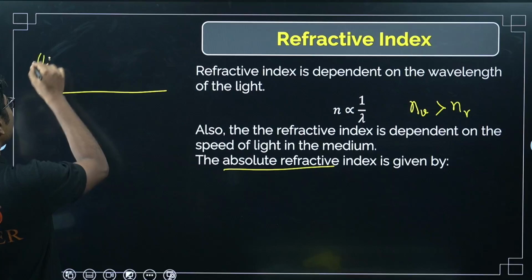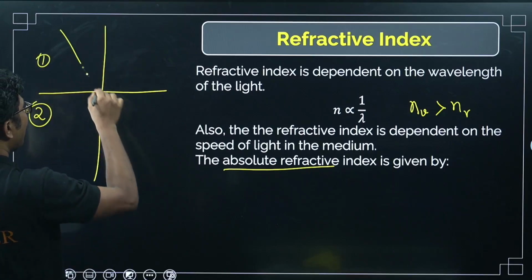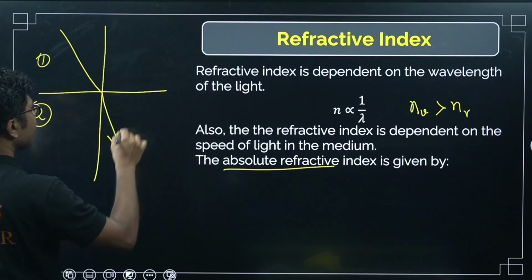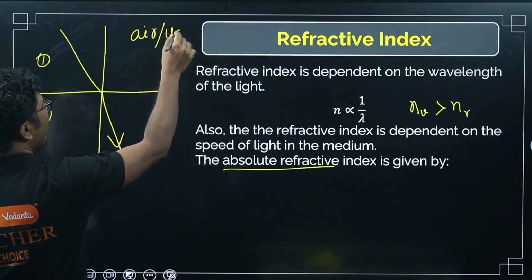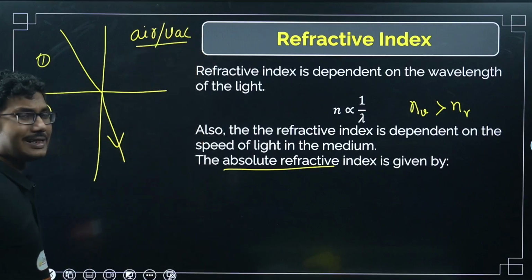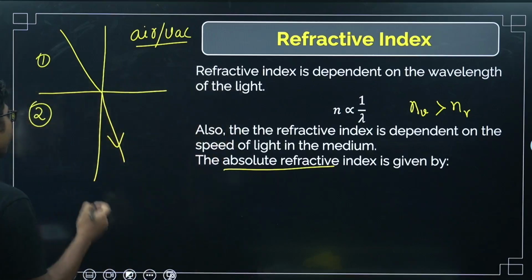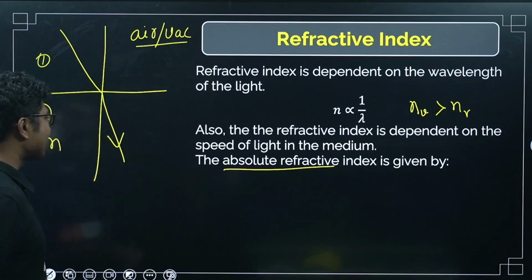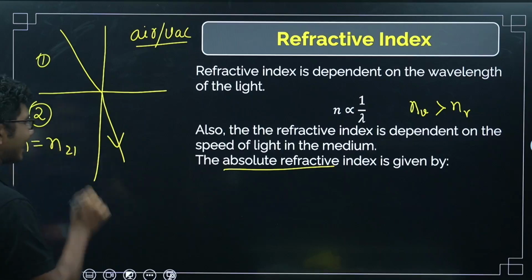So this is the first medium, this is the second medium. The ray of light is traveling from the first medium to the second medium. If the first medium is air or vacuum, then the refractive index is considered to be the absolute refractive index. So instead of writing n21, we will simply write n.